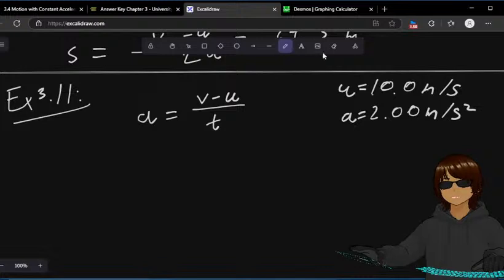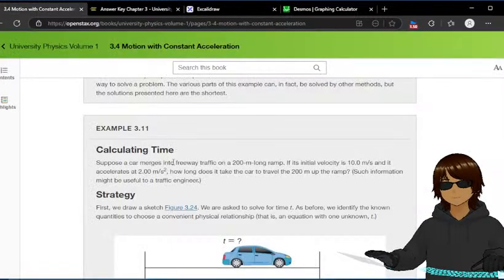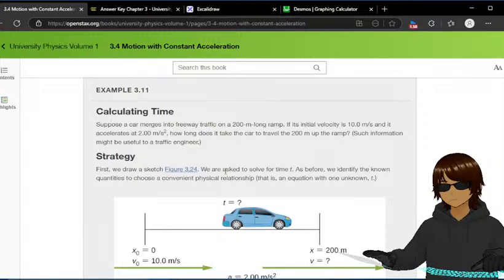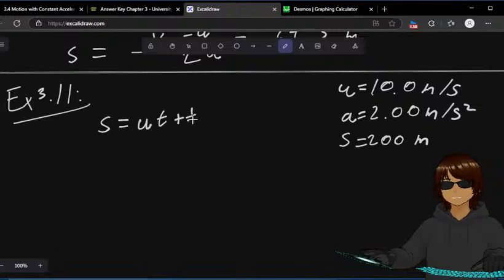They did give us s, which is 200. s is equal to ut plus half a t squared.